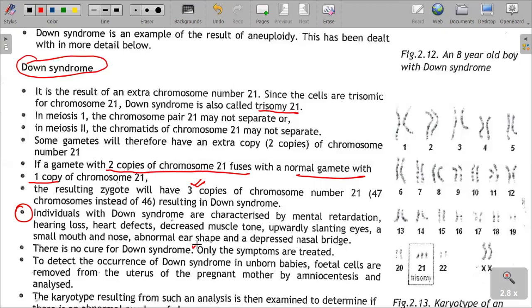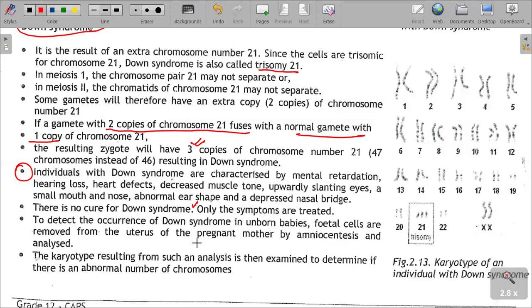To detect the occurrence of Down syndrome in unborn babies, fetal cells are removed from the uterus of the pregnant mother by amniocentesis and analyzed. I always have a soft spot for this word, amniocentesis. It is the collection of amniotic fluid from pregnant mothers for analysis and detection of congenital disorders.